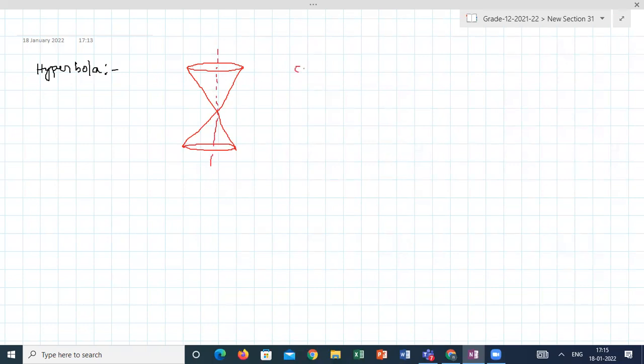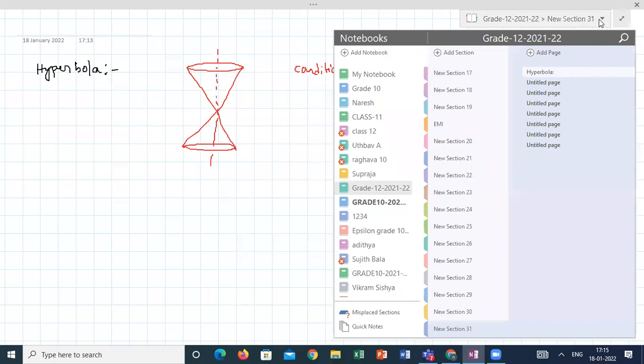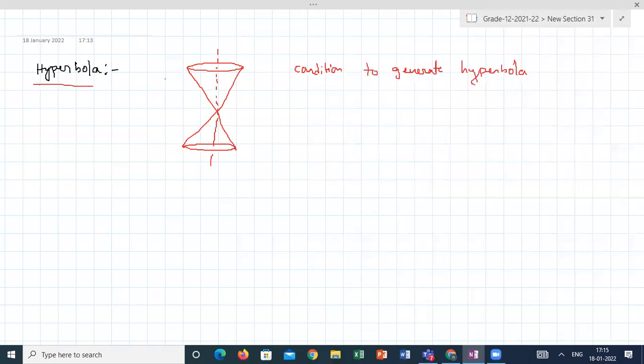What is the condition to generate a hyperbola?